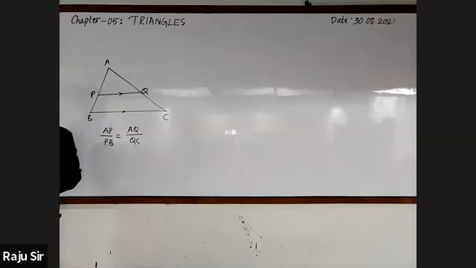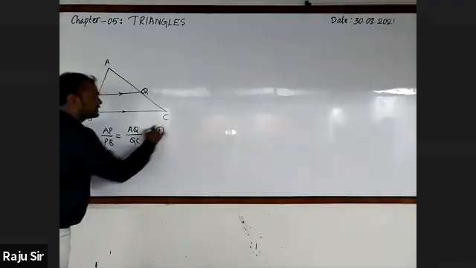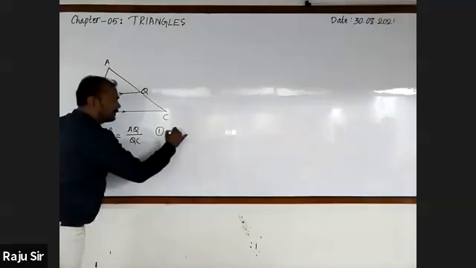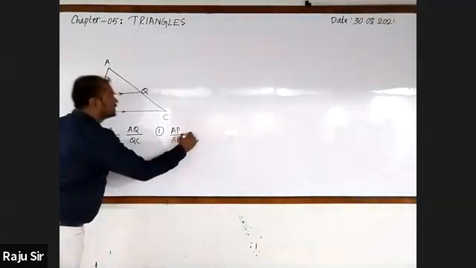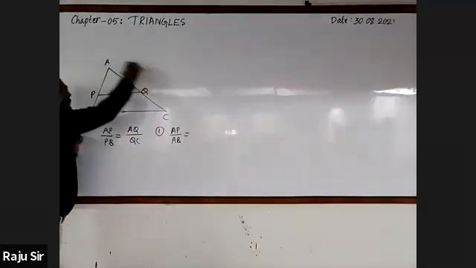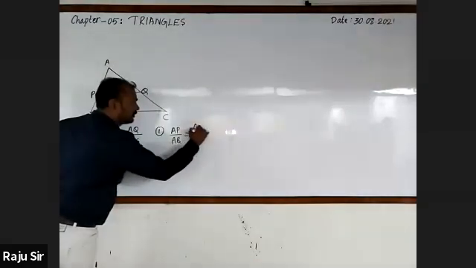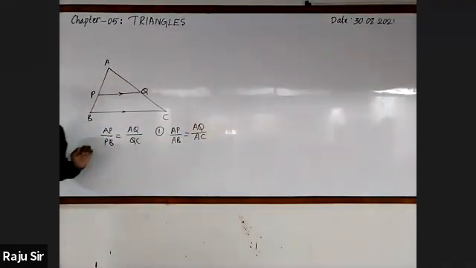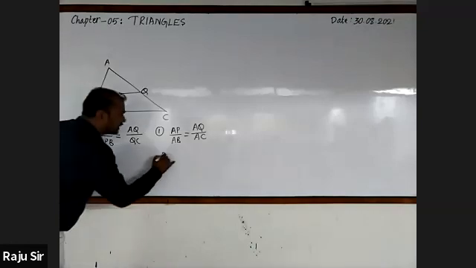And we have two important results of basic proportionality theorem. Could you tell them? With respect to this triangle only. The first result is AP by AB, which is equal to AQ by AC. Next, the second result.